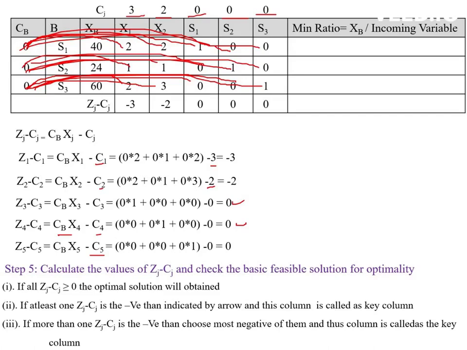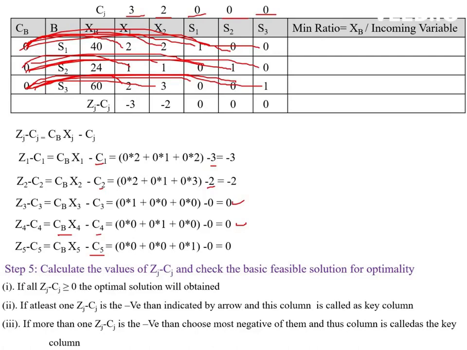Second condition: if at least one Zj minus Cj is negative, indicated by an arrow, this column we call the key column. Third condition: if more than one Zj minus Cj is negative, then we choose the most negative value of Zj minus Cj, and this column we call the key column.